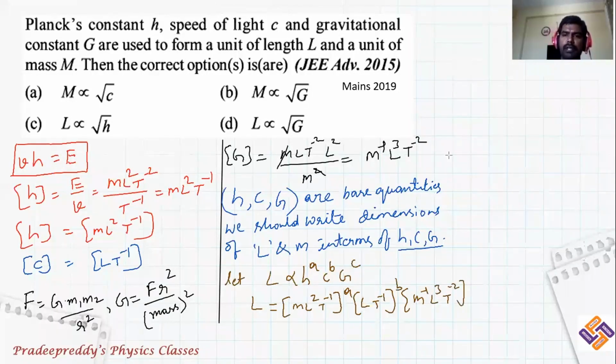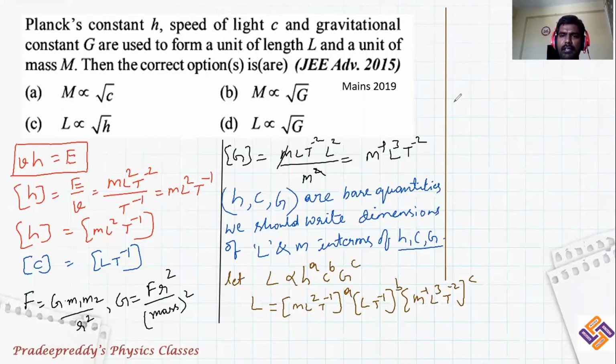Right? So dimensions of those physical quantities you have already written here. And if I remove this proportionality, I should include some constant. That constant is a numerical value, so I am not including it in dimensional formula. So L is length.